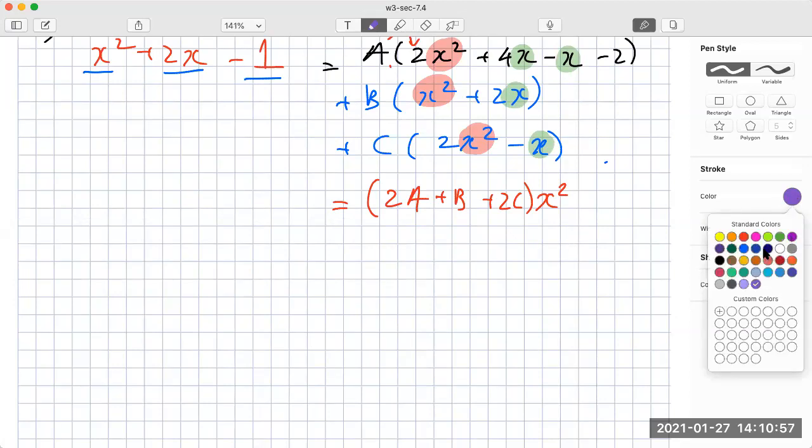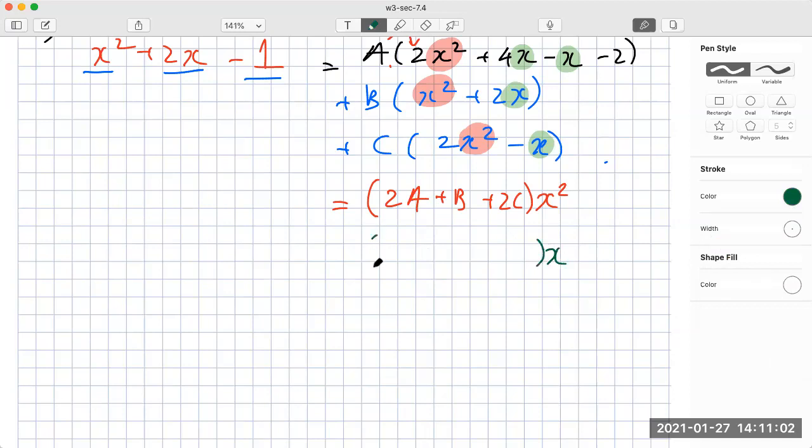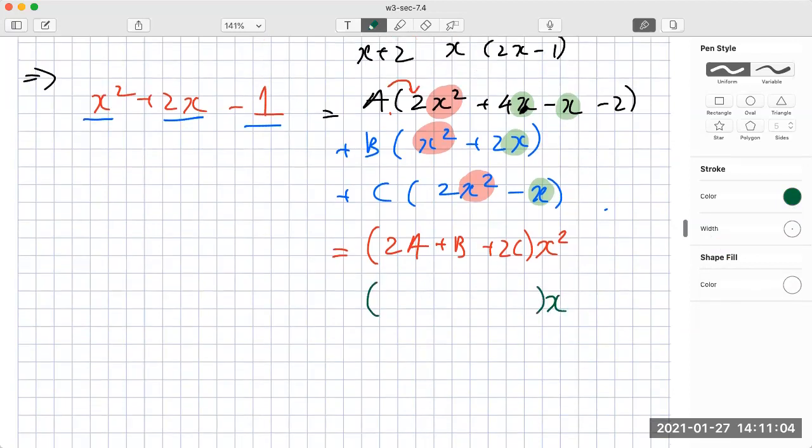What is it inside? Yeah, 4 minus 1 gives us 3, and then multiply with a in front of that, it becomes 3a. In the second terms here, 2b, very good. And minus c, very good.